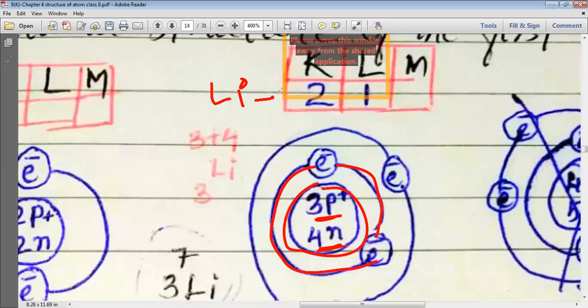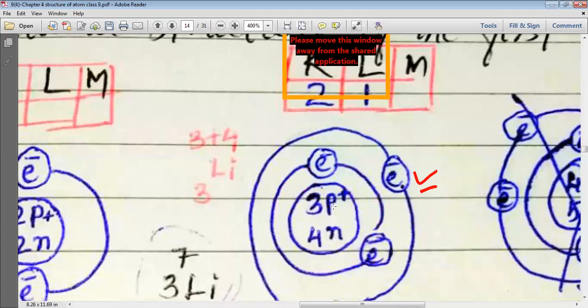So for lithium, we have 2 electrons in the K shell and 1 electron in the L shell, because the K shell has been completely filled with 2 electrons, and thus the third electron goes into the L shell. Remember, my dear students, that an atom is electrically neutral, and that is why it has the same number of protons and electrons.